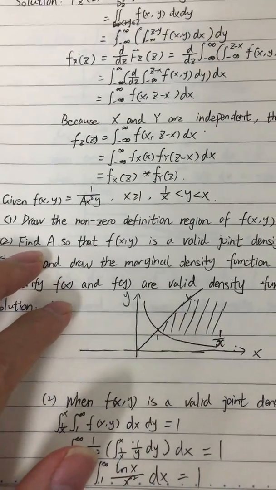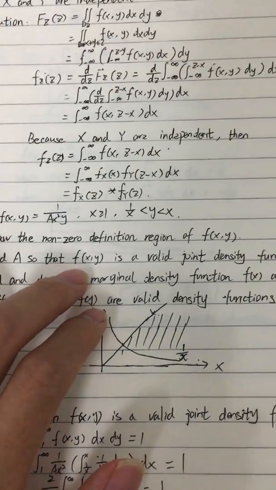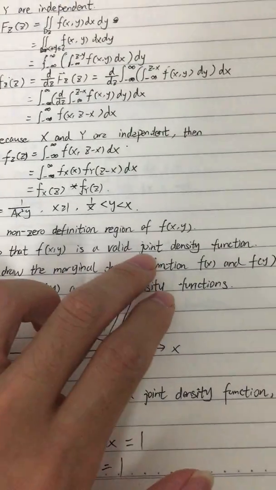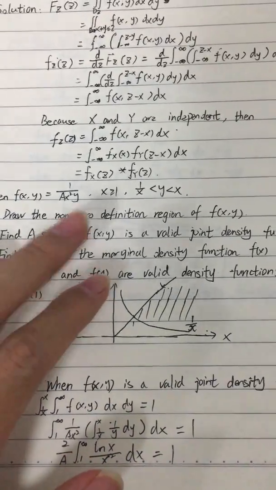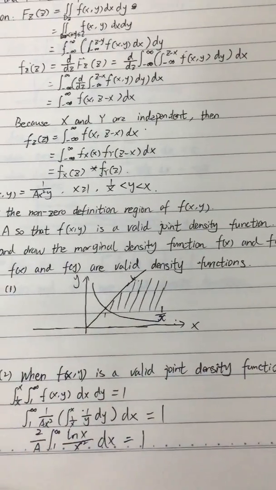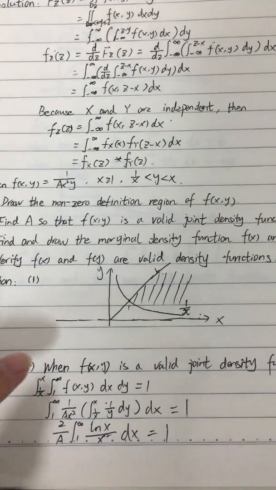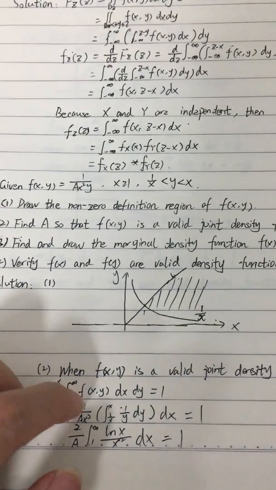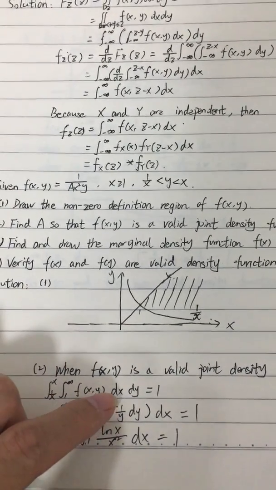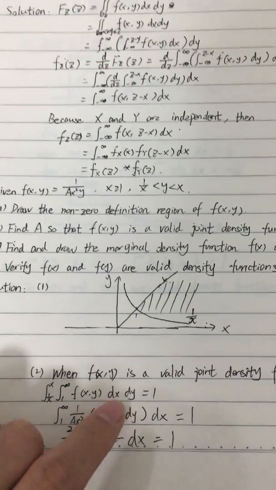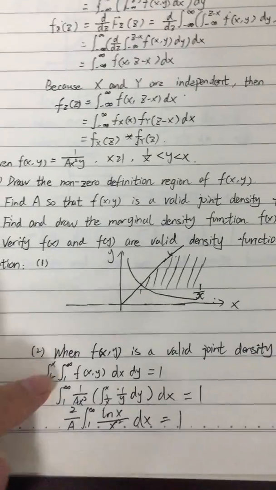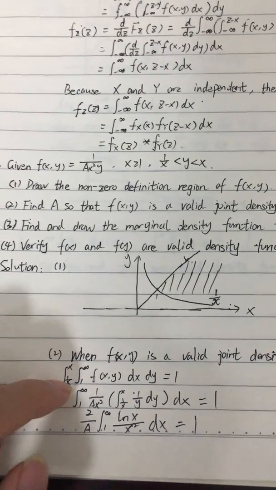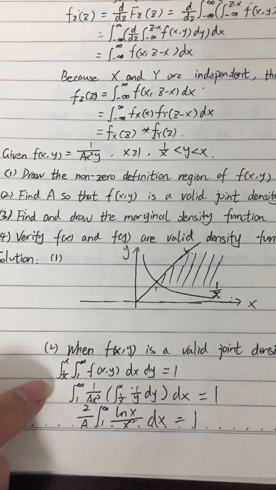And the second part is to find a so that f(x,y) is a valid joint density function. We know that if f(x,y) is a valid joint density function, then the integral of this function in the area of x and y should be 1. So we can write the equation like this.